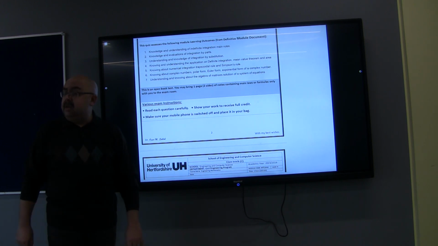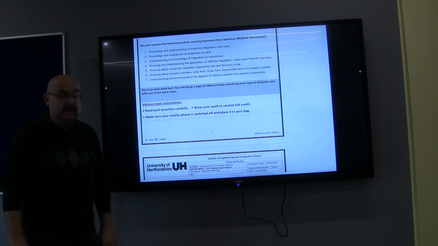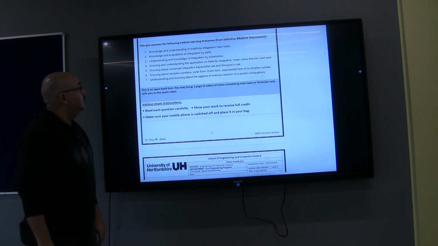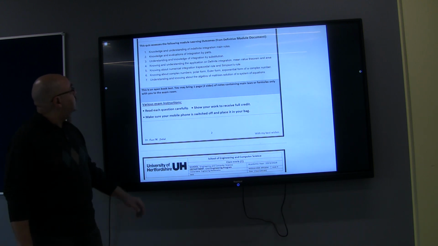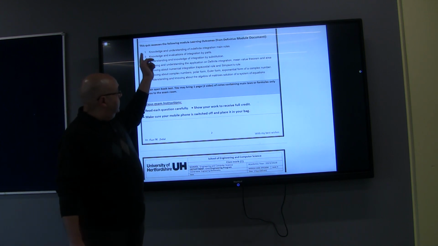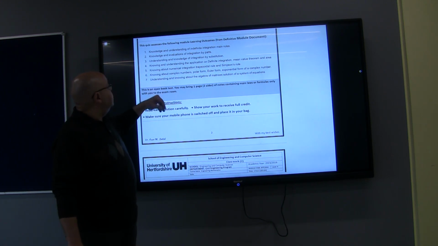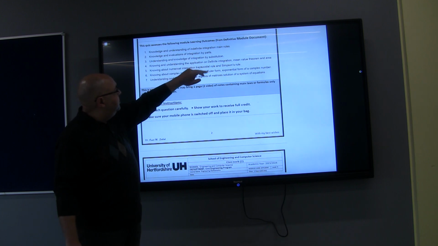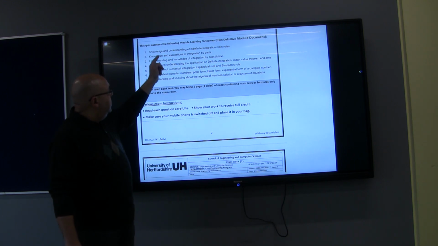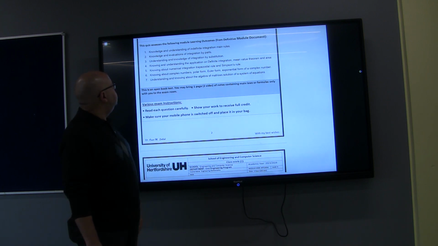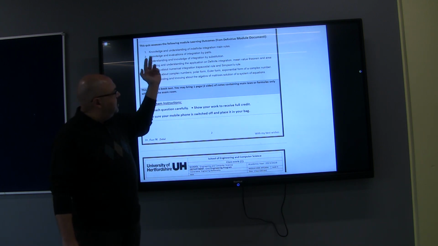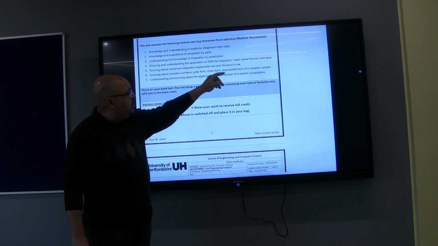What's going to be covered in the latest classwork, the second classwork, inshallah, and it will be 10% of the total grade. First of all, this module should satisfy the understanding of the different integration main rules, evaluation of integration by parts, knowledge of integration by substitution, and understanding the application of definite integration.